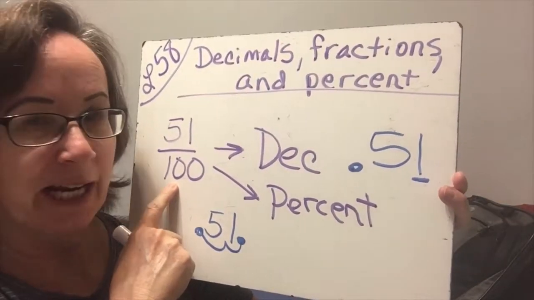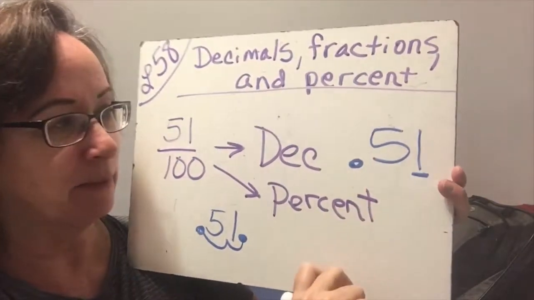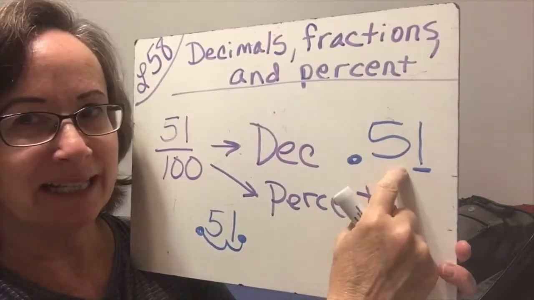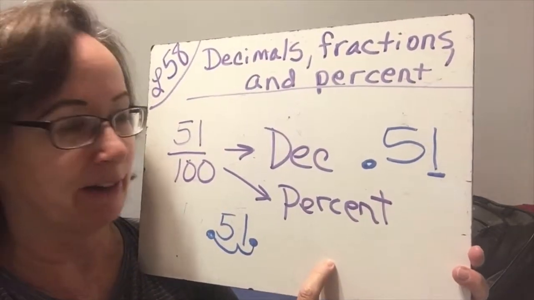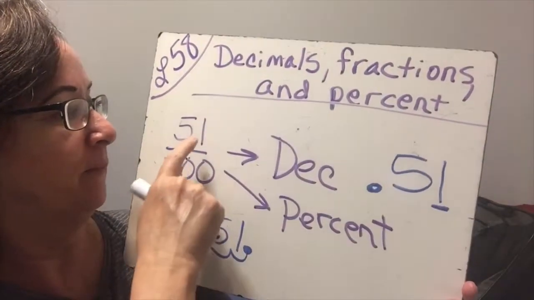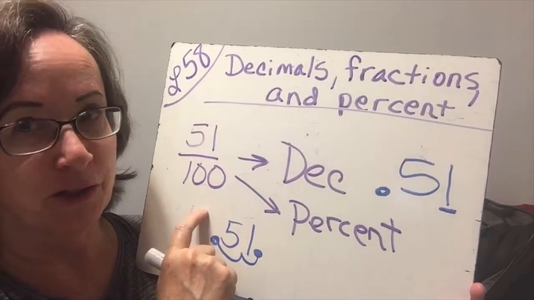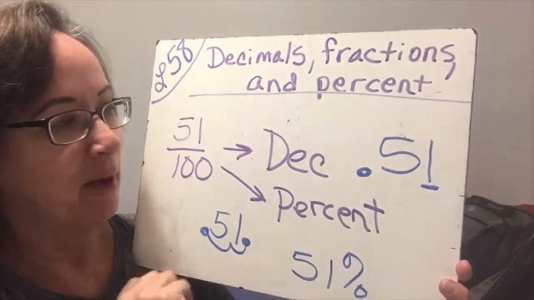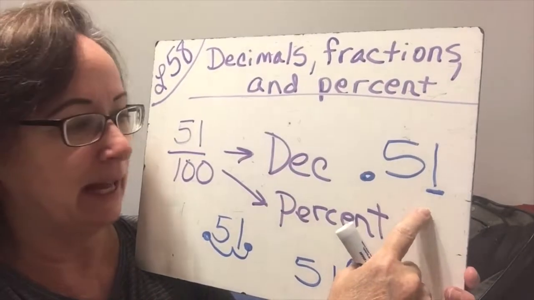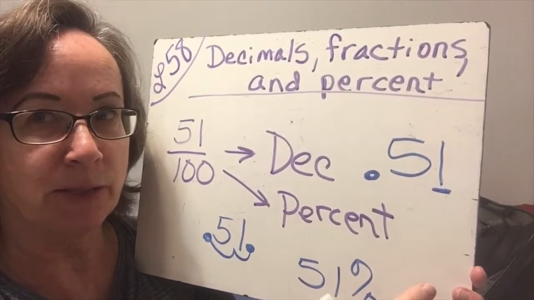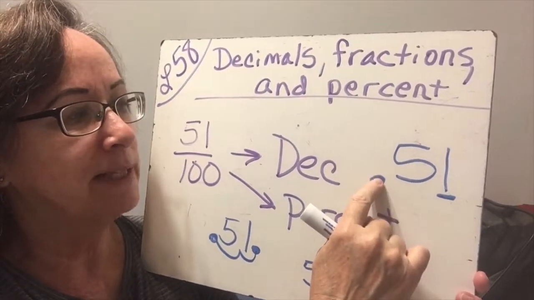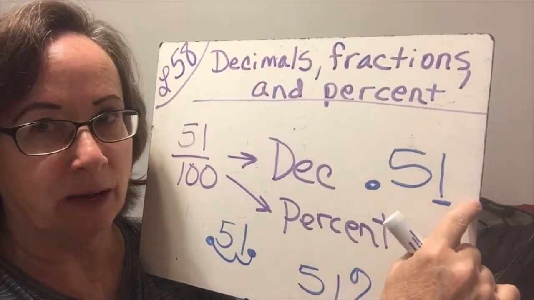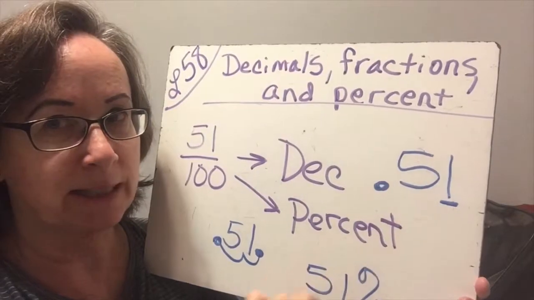Okay, so we've already changed it into a decimal, and then to go from a decimal to a percent is very, very easy. We already know that 51 hundredths should be 51%, right? But another very easy way is when I'm changing it to percent, I move the decimal 2 places to the right and stick the percent sign on.